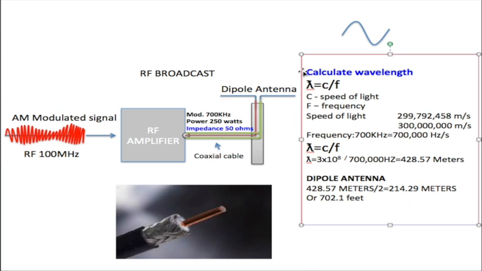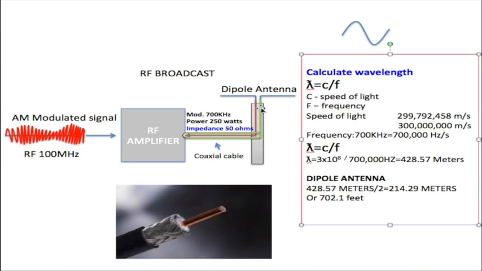So first you will have to do your calculation, get the correct length of the antenna. So you will cut your antenna to the correct length, which is 214.29 meters. You'll make sure your antenna is half a wavelength away from the ground. So you'll have a point to start at, right? You do your test with your analyzer, and you'll notice that you'll get some reflection because it's not the right impedance.